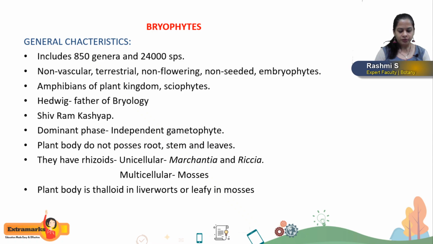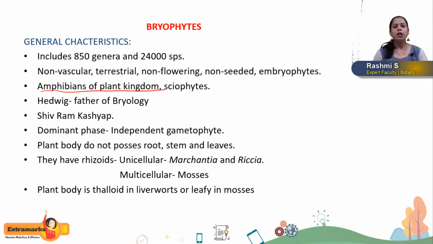In the beginning, we will see what are the important characteristics of the plants which belong to the division Bryophyta, which are commonly called Bryophytes, which are rightly regarded as the amphibians of the plant kingdom.